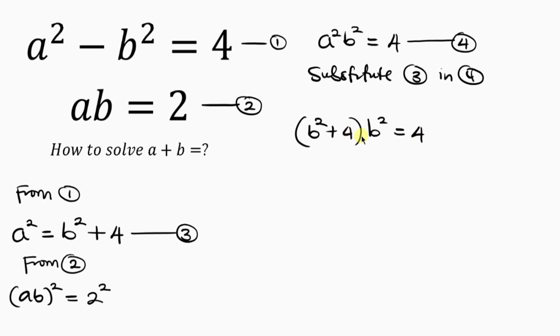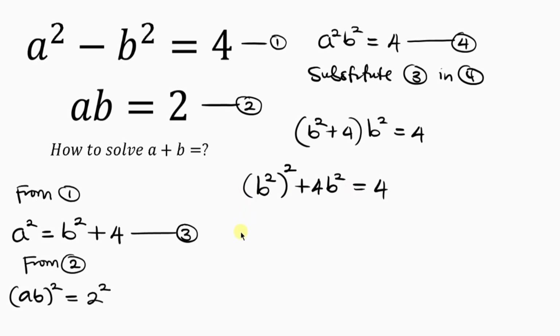Now let's go ahead and open up this bracket. When I do that, b squared times b squared is going to give me b squared raised to the power of 2, plus, now 4 times b squared, I'm going to have 4b squared equal to 4. Now our next step will be for us to move this 4 to the left hand side.